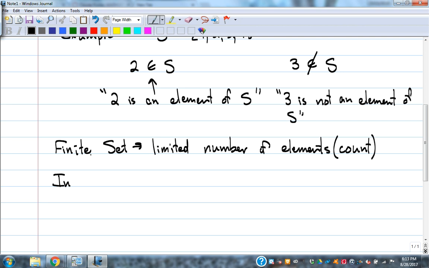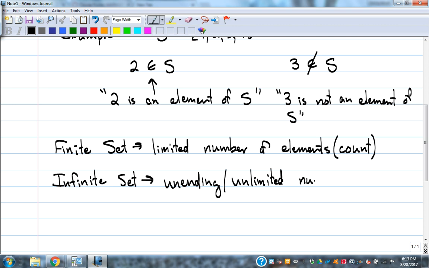The opposite of a finite set is an infinite set. It has an unending or unlimited number of elements.